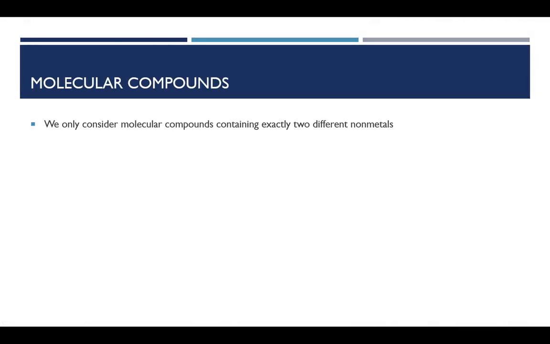We are only going to focus on what are called binary nonmetal compounds. Binary means that there are only 2 different elements in them, and nonmetals means the elements must be nonmetals. So like you saw a moment ago, compounds with nitrogen and oxygen, or sulfur and oxygen. The prefixes that you're going to need to know for numbers 1 through 8 are on page 63 of the lab manual.